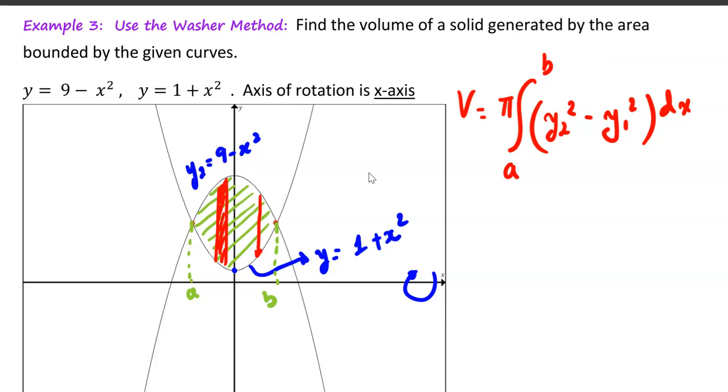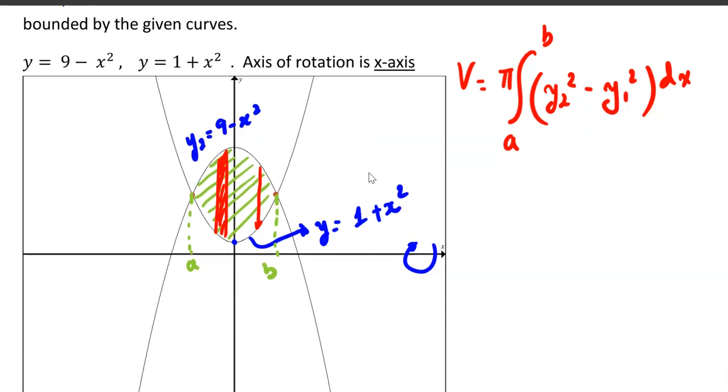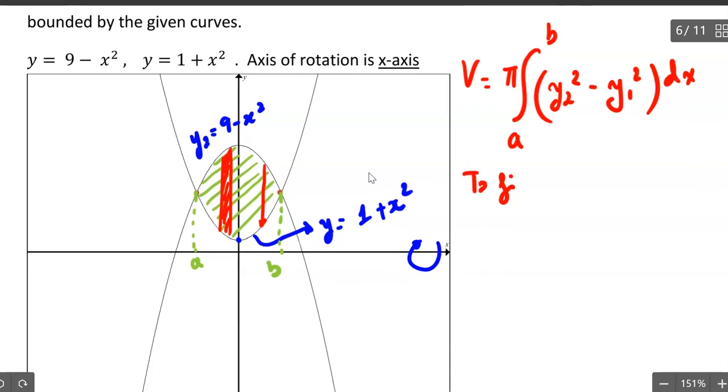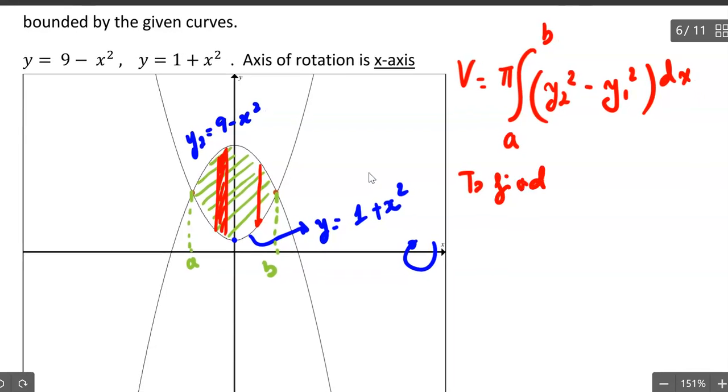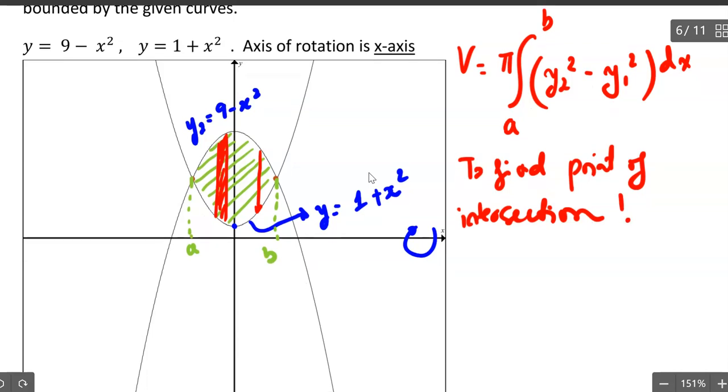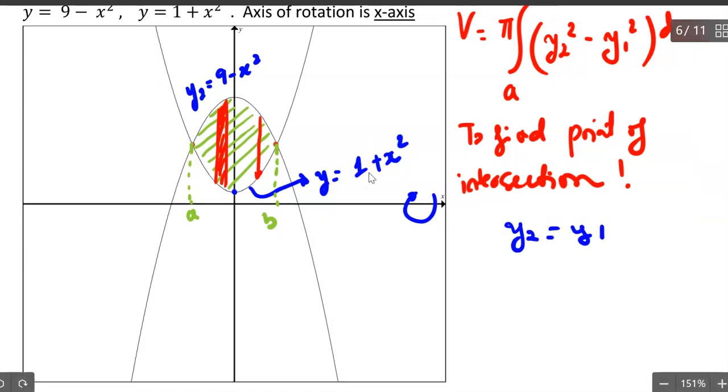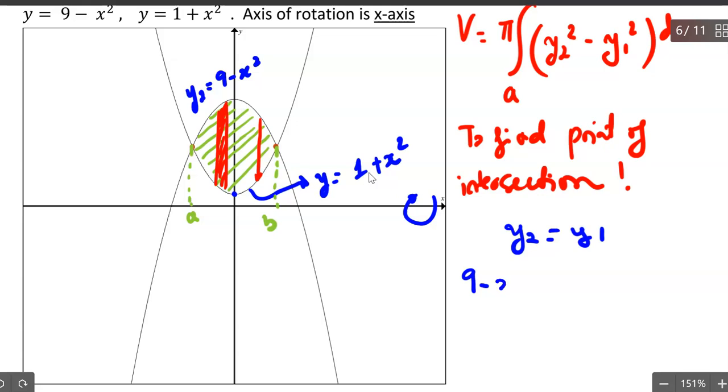So let's find the point of intersection. I will let the two equations equal to each other, so I will let y2 equal y1. So I will have 9 minus x squared equal to 1 plus x squared.